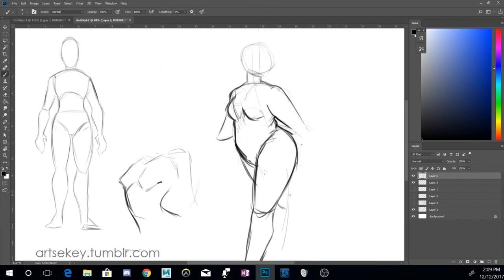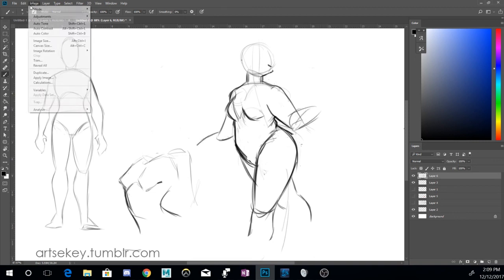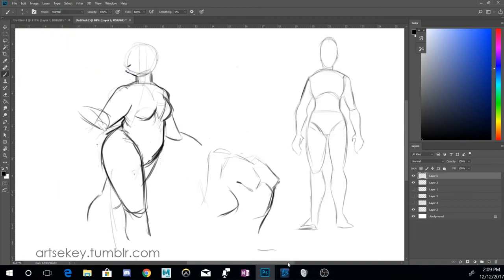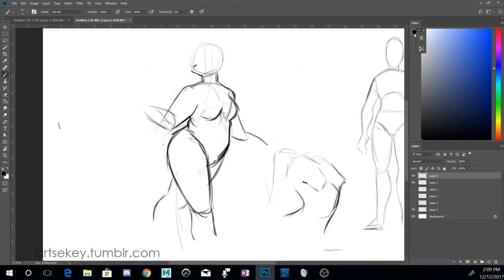If they are thicker, they're heavier. I'm not gonna go all the way down there, but got the neck going. And of course the arms as well. And of course I'm flipping my canvas as I go, like I said.